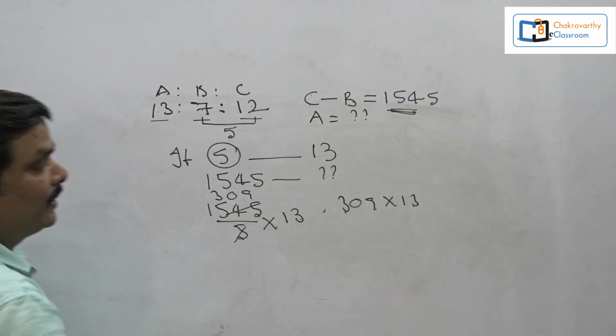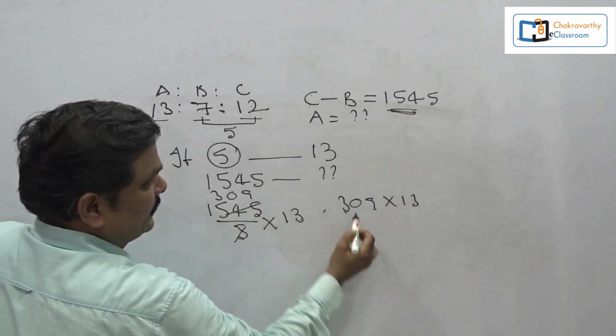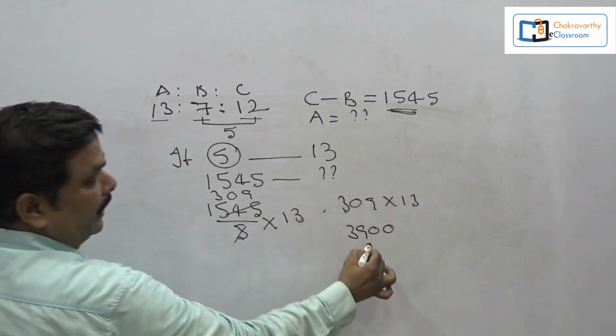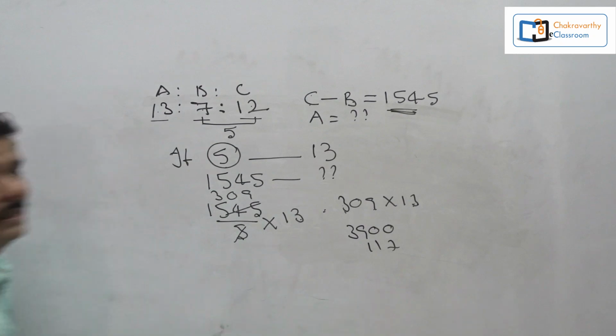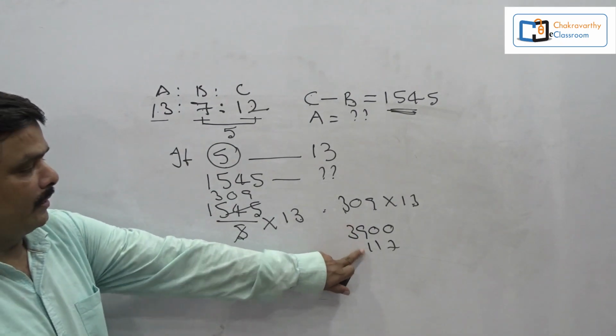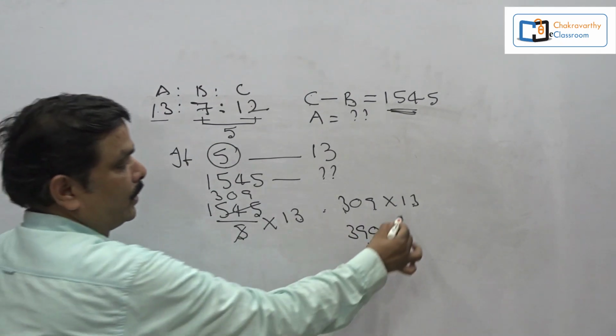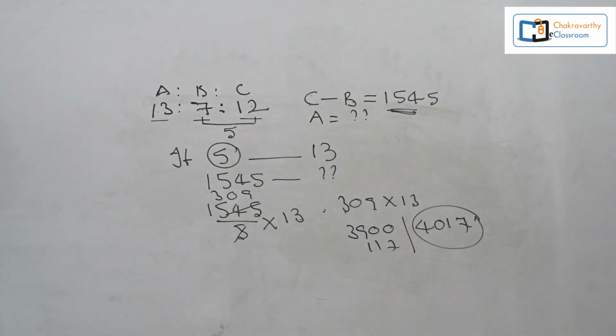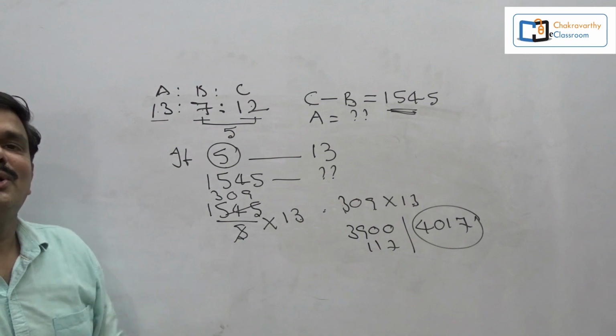Depends upon you. So here 13 threes are 39, that means 3900. Then 13 nines are 117. So 3900 plus 117 means 4017. 4017 is the answer. This is how exactly you need to go for this one.